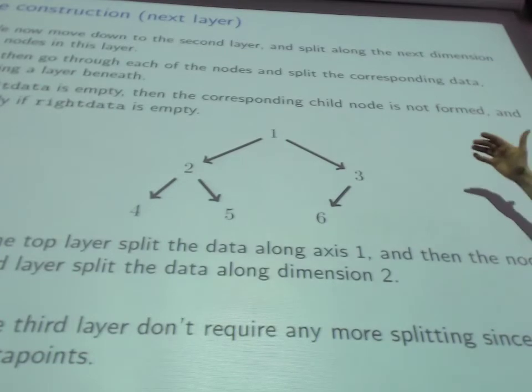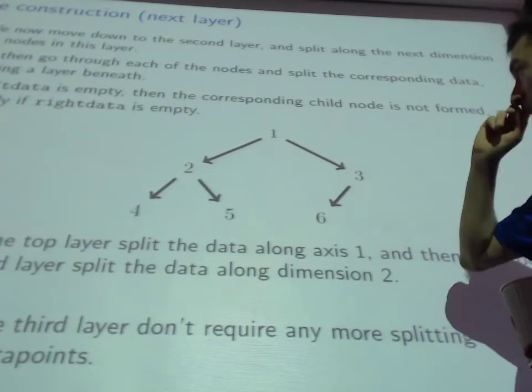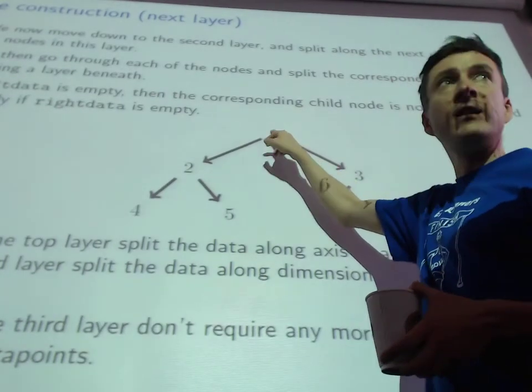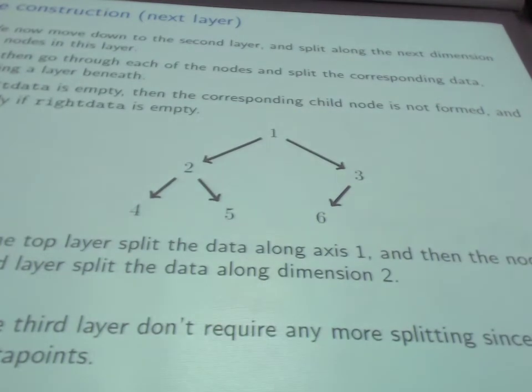Okay, so you get this binary tree here, right? And then at the end, we will have constructed this tree. So now these nodes contain a single data point, along with the axis along which it is split. So you can see that the storage cost is never going beyond n.